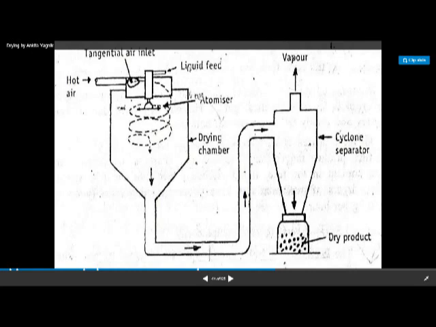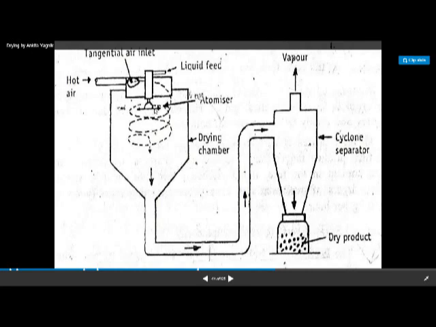You can see here the liquid feed is introduced here. It comes into the atomizer and goes to this end and this end also, where the minute openings of the atomizer are. So the material comes out of these minute openings, right?